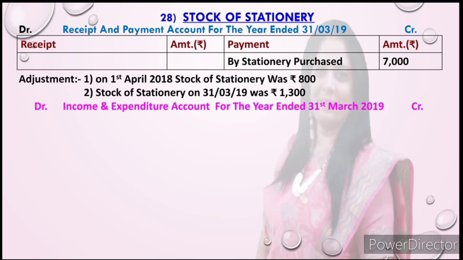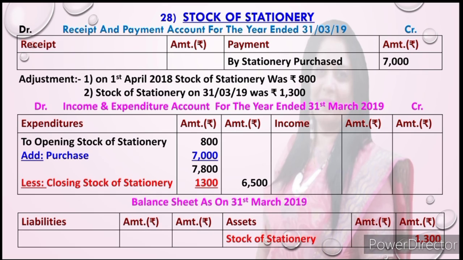Let's see the effect. In the income and expenditure account, first we will take the first adjustment. On 1st April 2018 stock of stationery was 800. It will be recorded as opening stock. So on the expenditure side you can see to opening stock of stationery 800. Now let's take the payment side.